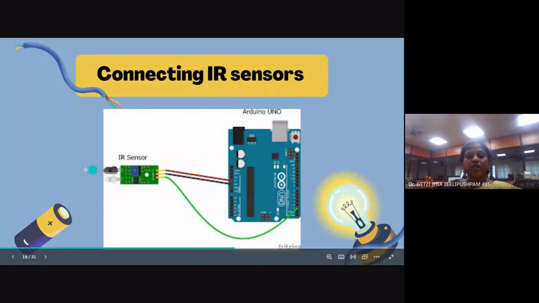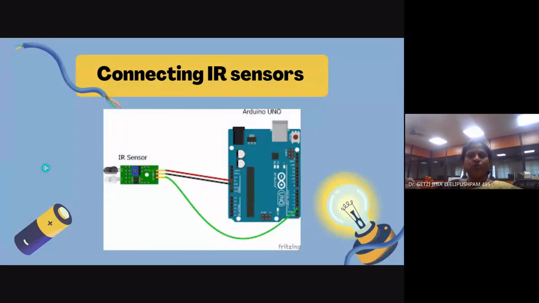It emits a small IR ray, like how you use your remotes. So with the infrared signal, one is a transmitter and the other is a receiver. The transmitter transmits the signal, it hits the obstacle and comes back, and the receiver receives it. There will be two LEDs here.